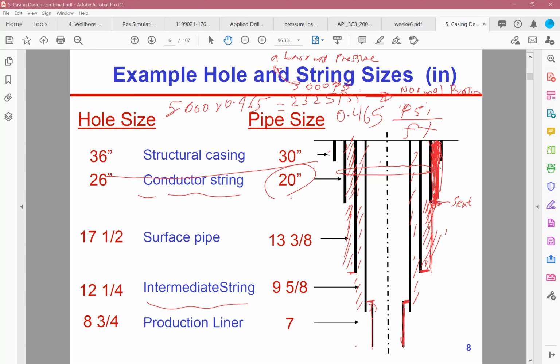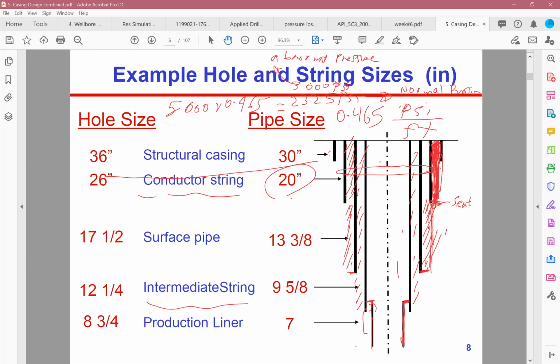Any idea? Well, if you look here, if you use a production casing, you have to use a lot of pipe, right? Liners are shorter in length, so they are much cheaper compared to production casings, right? So being economical is one of the reasons you want to use production liners.